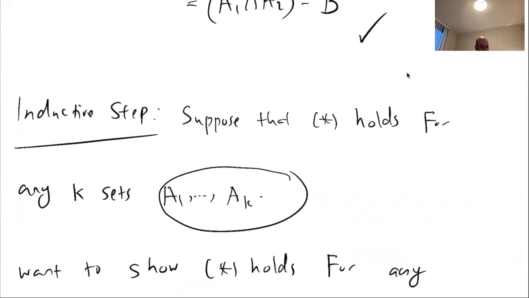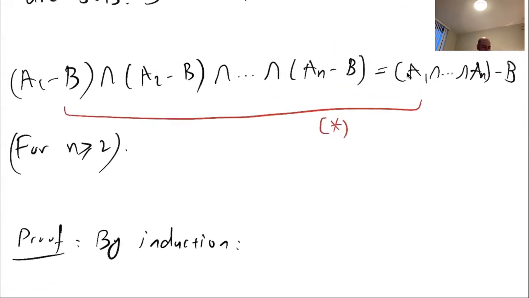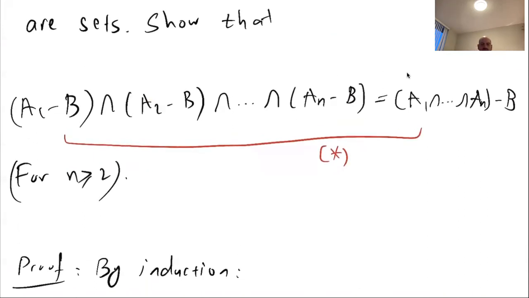So this is the proof for the basis step, which means that we've checked that this equality holds for two arbitrary sets, A1 and A2.